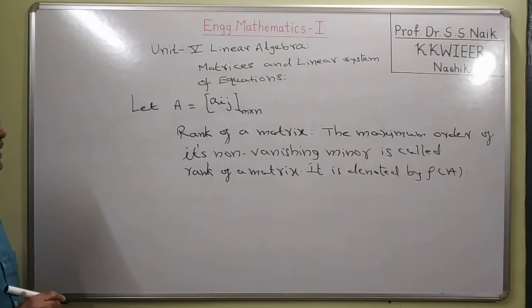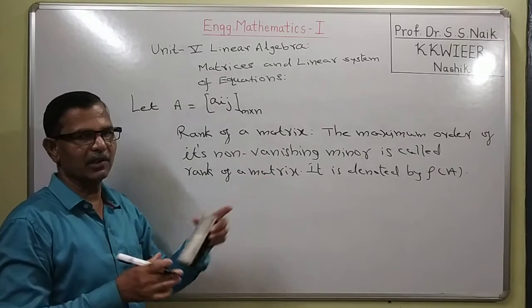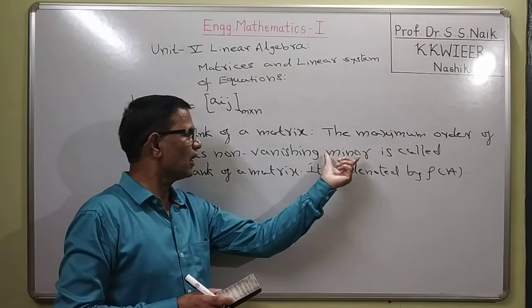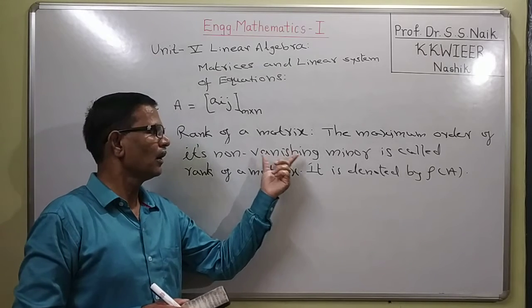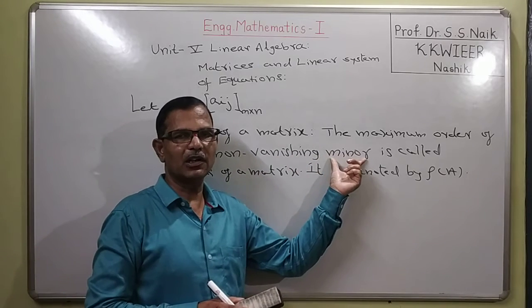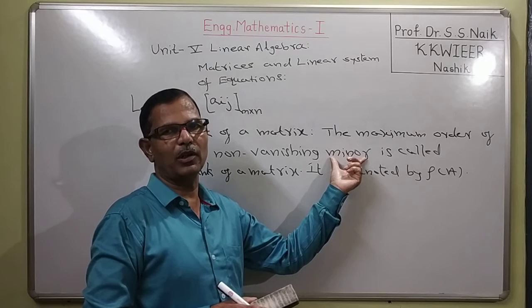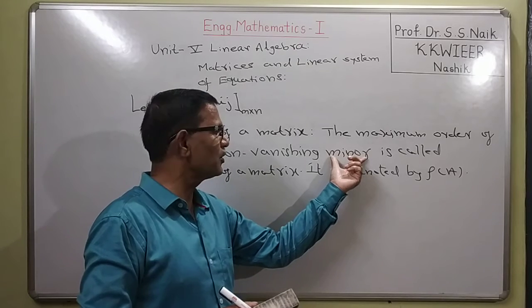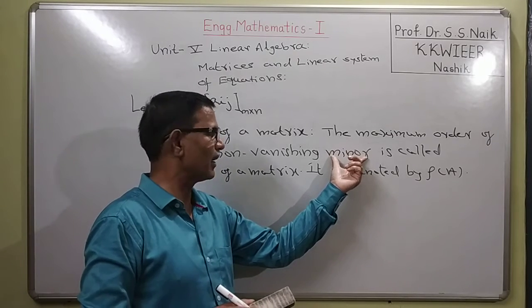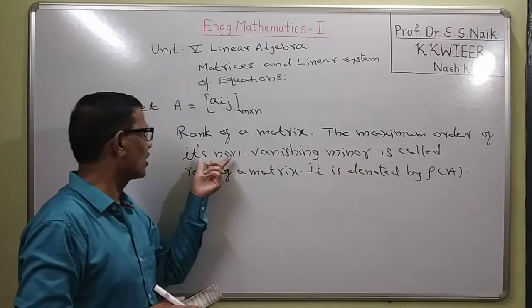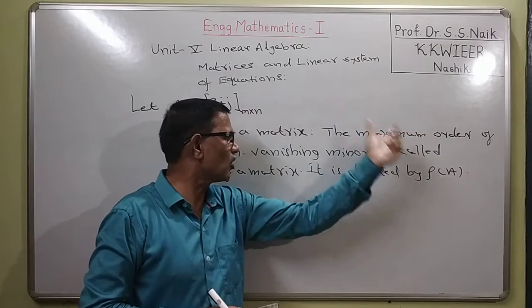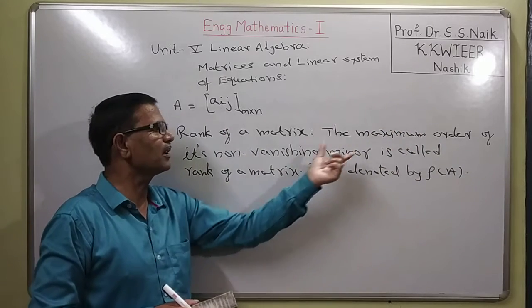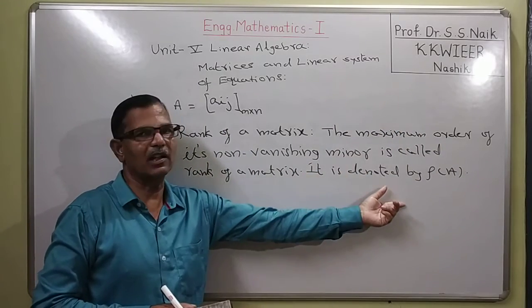So again, here you are having the maximum order of its non-vanishing minor. Now non-vanishing means not equal to 0, and minor means the determinant of a sub-square matrix of a matrix is known as the minor of the matrix, and the maximum order of its non-vanishing minor is called rank of a matrix.